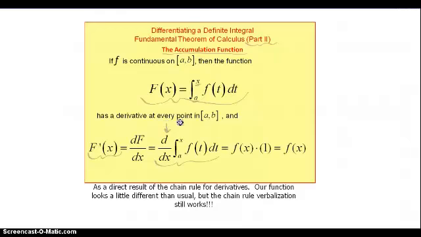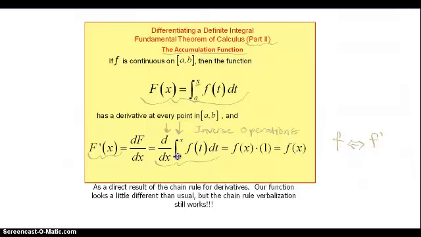Remember, we said before that these two operations are inverse operations, meaning they undo each other, and we've seen that in our work in differentiation and integration. If we start at f and we want to find f prime, we differentiate. If we start at f prime and we want to find f, we integrate. So these two operations undo each other.